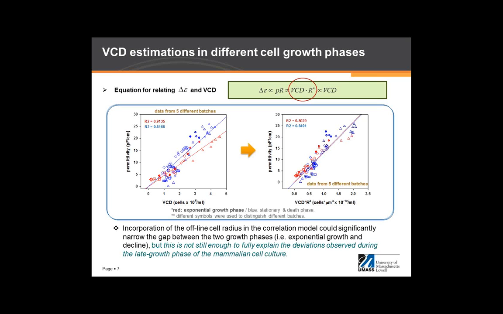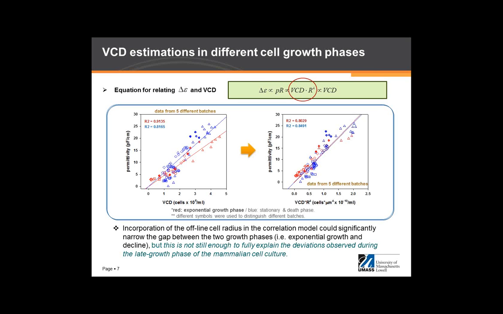In this slide, on the left-hand side, you can see the correlation between the viable cell density and the capacitance value. You still see two very distinct characteristics, which were mainly caused by the oscillating estimation of the radius.